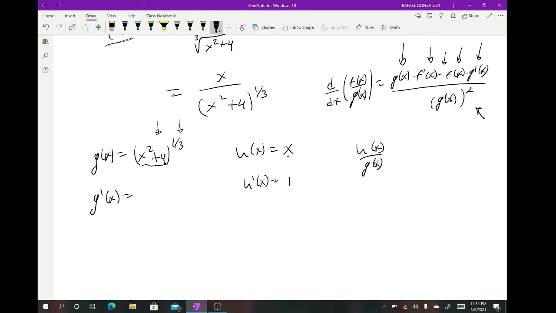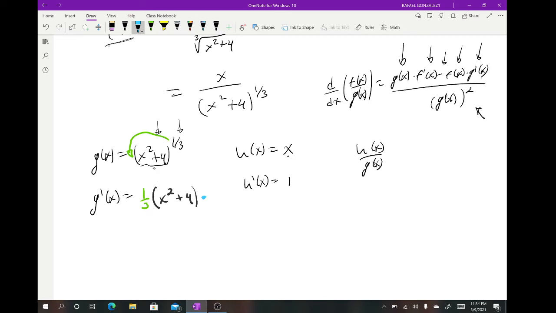So I'm going to do it without actually breaking it up like I was doing. By the general power rule, we bring the 1/3 to the front. So I have 1/3 times the inside function, that's not changing, x squared plus 4, times the derivative of the inside function.